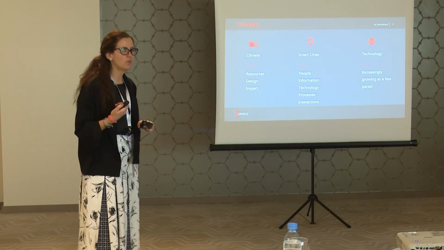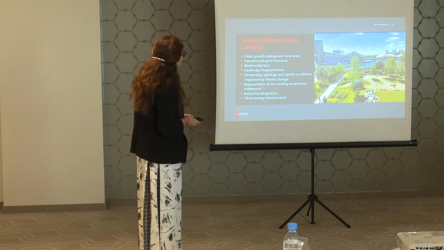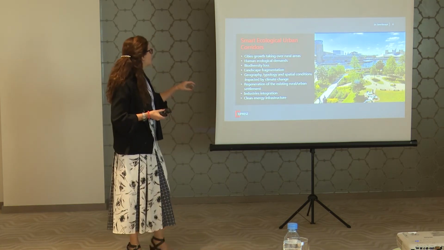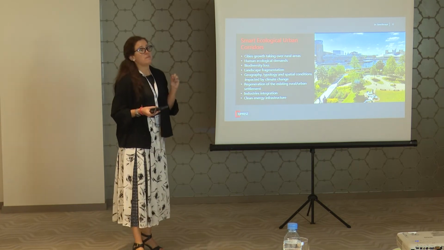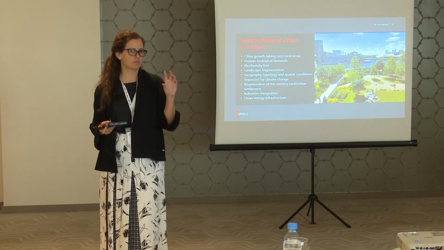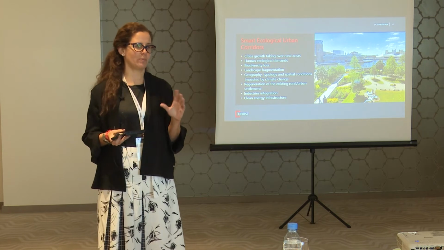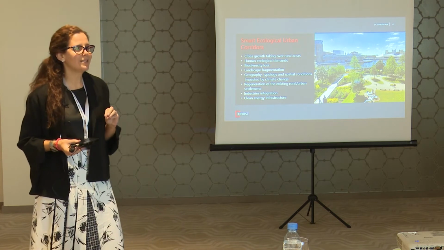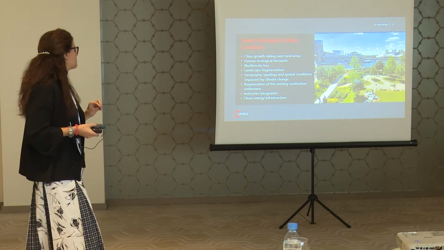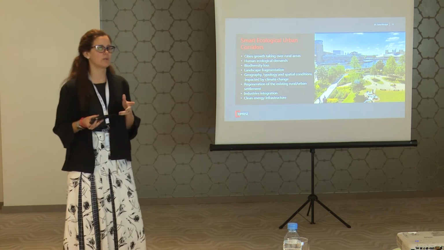Is it something that we want to do, or do we want to integrate that? So when we look at smart ecological corridors, the main thing here is that rural is no longer rural. Rural is designed by us, so it's part of urban now. So in that scenario, how are we designing rural? How are we integrating urban and rural areas?